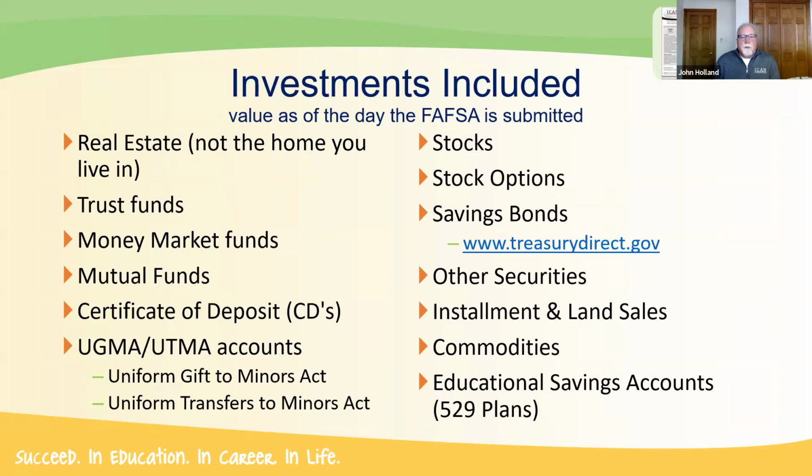Now, in previous years, if you owned other 529 plans for other children, for example, those would have also had to have been included. However, now you do not include any other 529 plans that you might own unless it's for this student that's applying for aid. And if you don't own any of these things, you would just put a zero in. But if you do, you put in the appropriate amount.